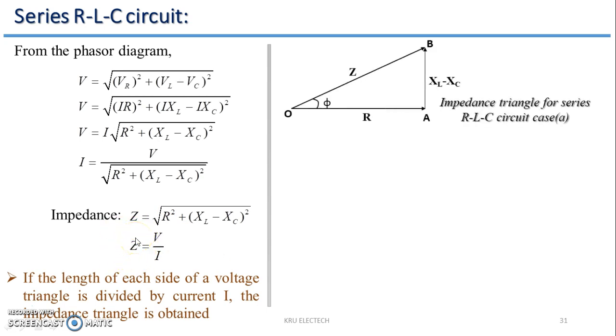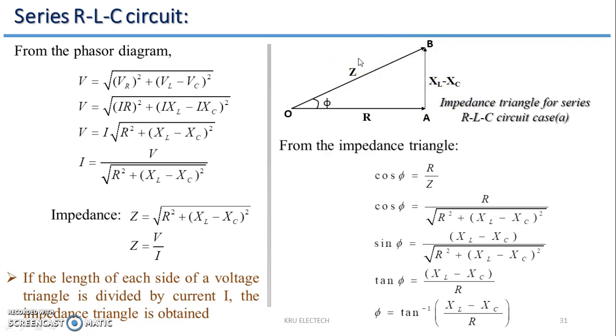Here is I into R, which divided by I gives R, and the same for the other sides. All three sides are divided by I. So instead of voltage drops, you find the resistance R, reactance X and impedance Z. So this is the impedance triangle.